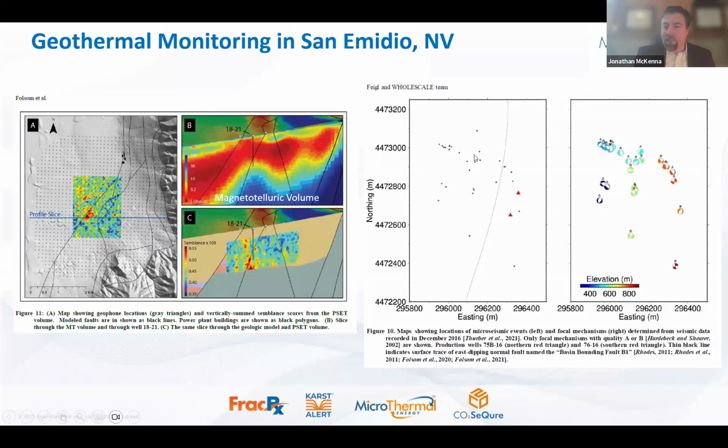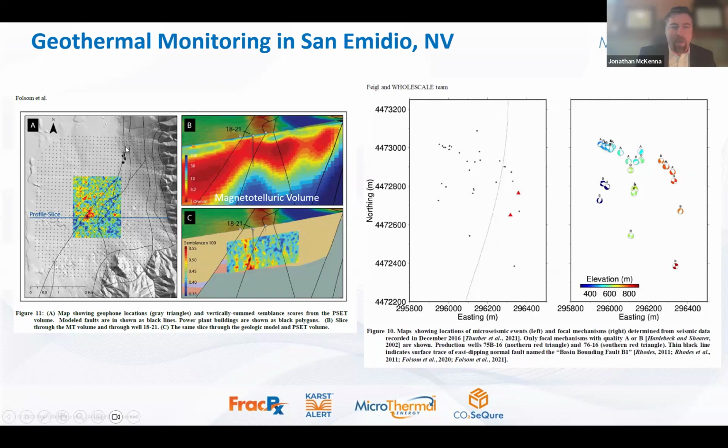And then this shows the event locations with respect to this fault. This fault is actually running through here. Here's the power station, and these triangles are right around this pumping station.